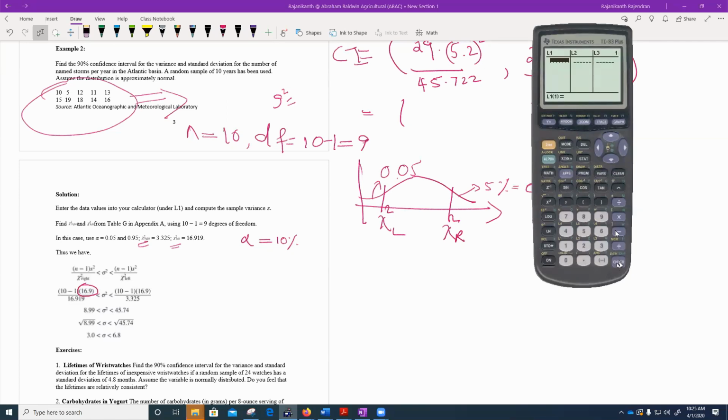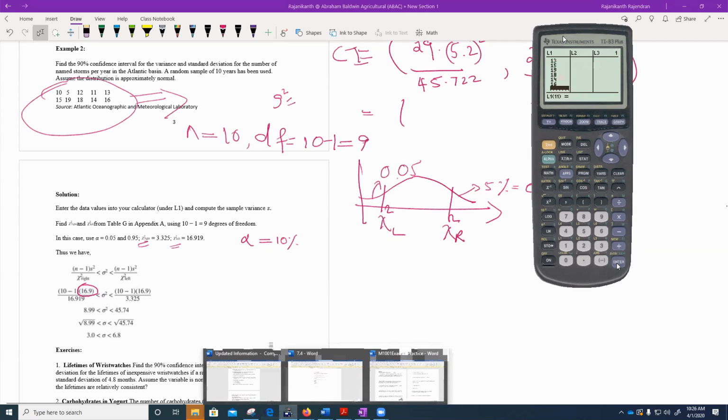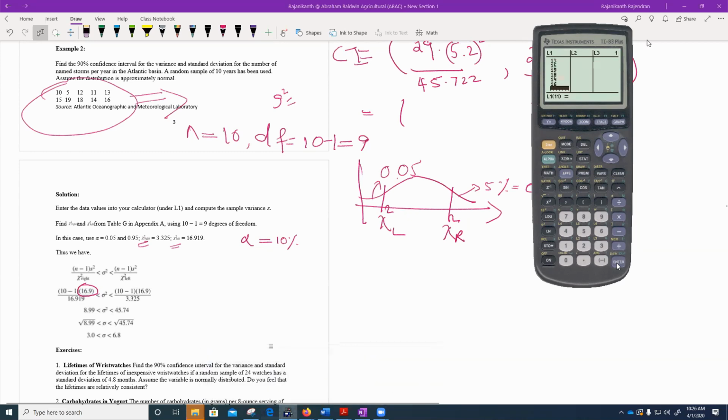So I'm going to enter all 10 values: 10, 5, 12, 19, 10, 5, 12, 11, 13, 15, 19, 15, 19, 18, 14, and 16, right? So I got 10 values. Okay. So now you could calculate the value, right?